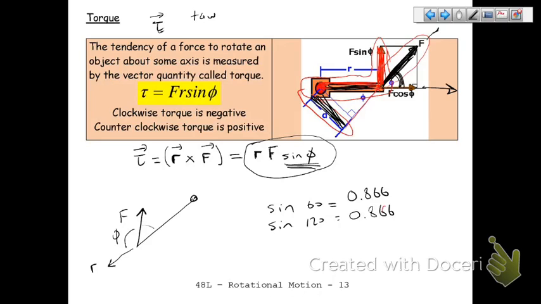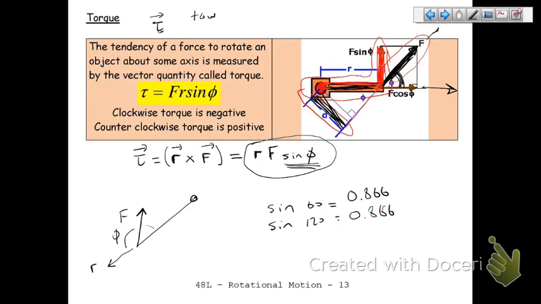So turn your hand so that you can then comfortably curl your fingers towards the second. So it's pointing downwards. So your fingers should be pointing vertically downwards. Okay? Which way does your thumb point? To your left, yeah? That's the direction that the torque is in. If you were to draw a vector torque, that's the direction this torque is in.